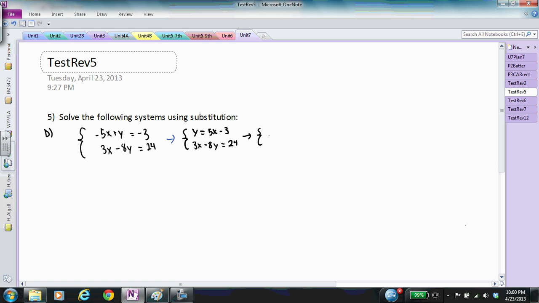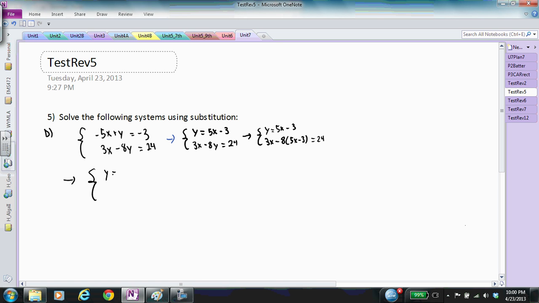So now I've got y isolated in this top equation. So I'll leave that alone. But I'm going to substitute into the bottom equation that new expression for y. Instead of y, I'm going to write 5x minus 3. Now I have an equation which I can solve.